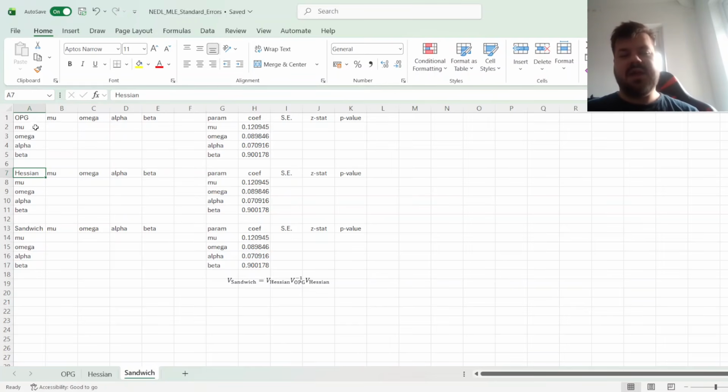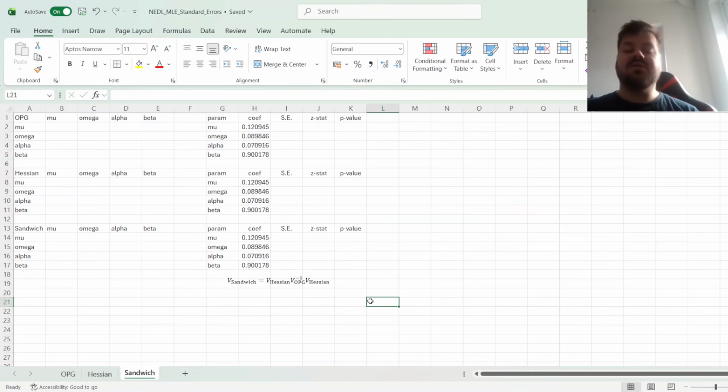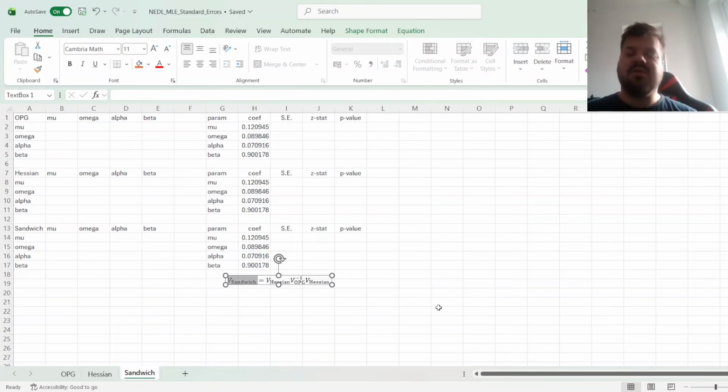However, the combination of both of them, the Hessian method and the OPG method together, which is the sandwich method, where we combine the Hessian matrix and the outer product of gradients matrix together, resolves this particular problem. So when we combine those two methods, we produce an estimate of the covariance matrix of our maximum likelihood parameters, or estimators, that is robust to misspecification. And this approach is called the robust approach.